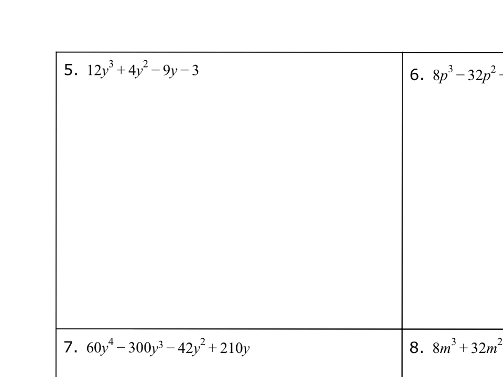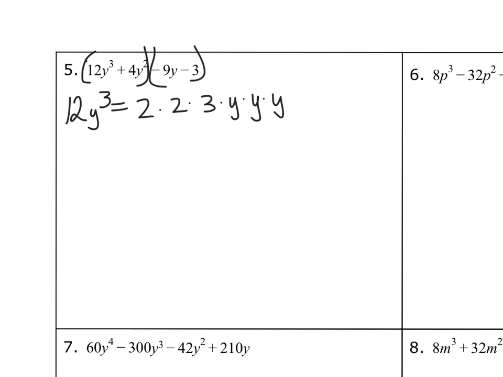So the first thing we want to do is list the factors for the first two terms, list the factors for the second two terms, right? So we've got 12y cubed. Well, we just did 12 recently, right? So I know that's 2 times 2 times 3 times y times y times y. 4y squared: 4 is 2 times 2, y squared is y times y.